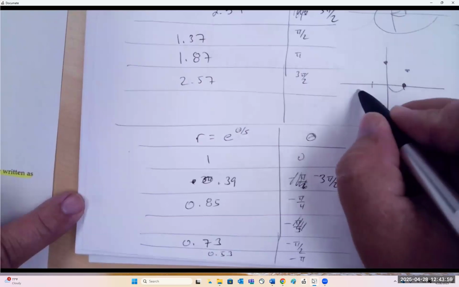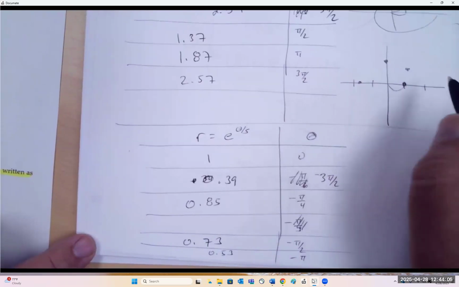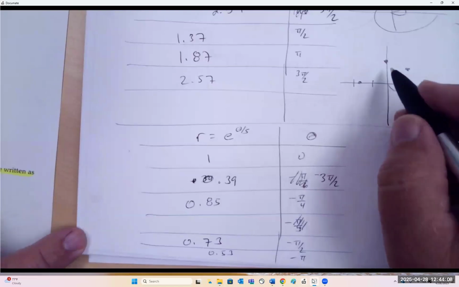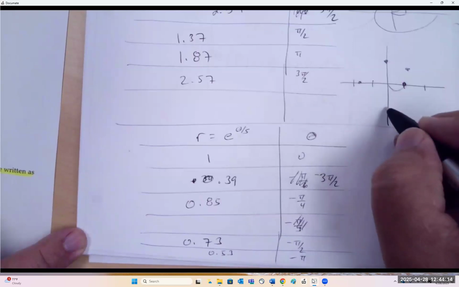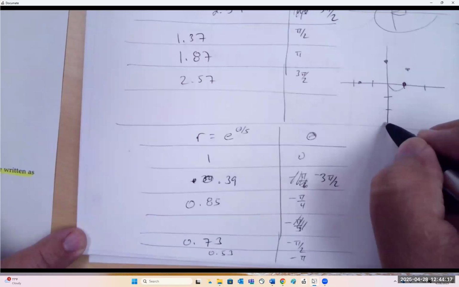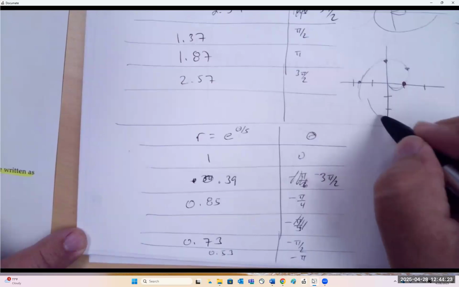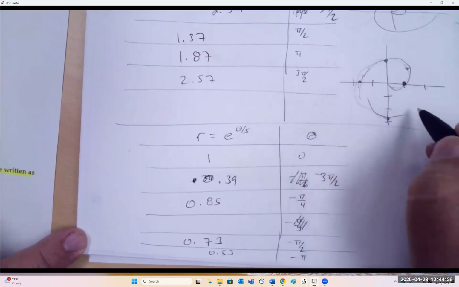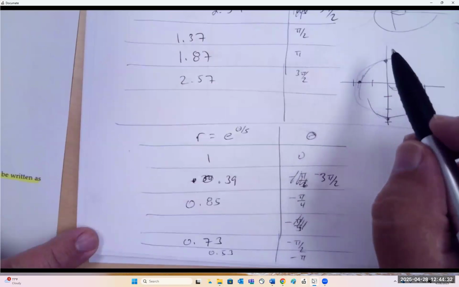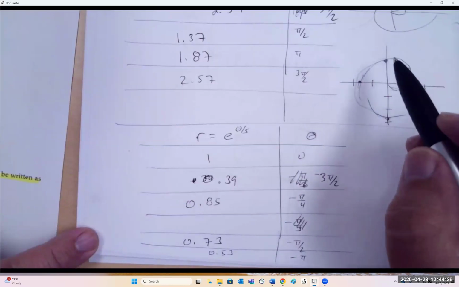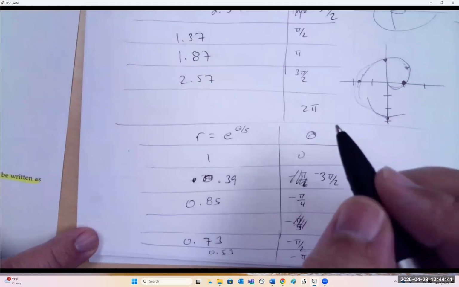Pi is 1.87. 3 pi over 2 is 2.57. Hmm. 2 point, what, 2 pi, was that 2 pi? 2 pi over 5.